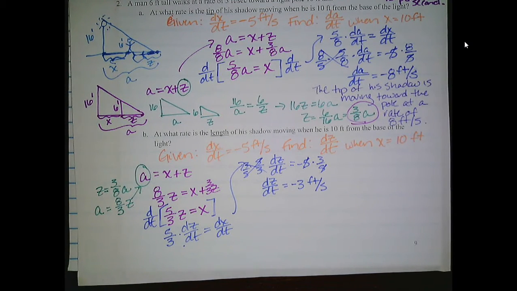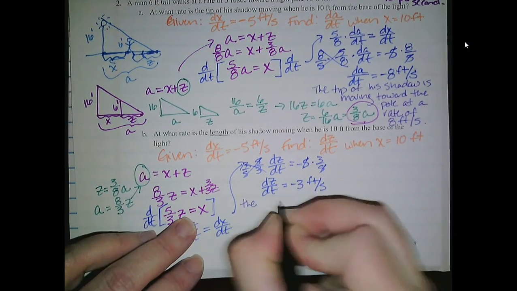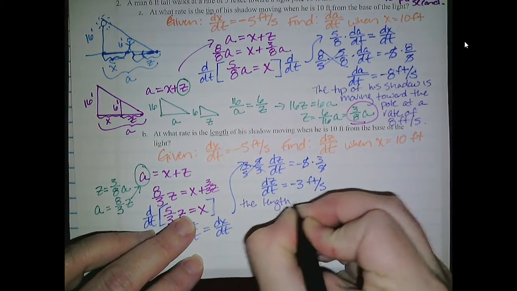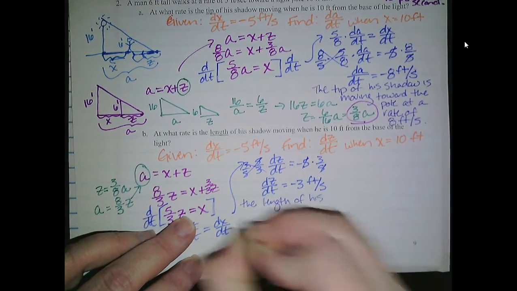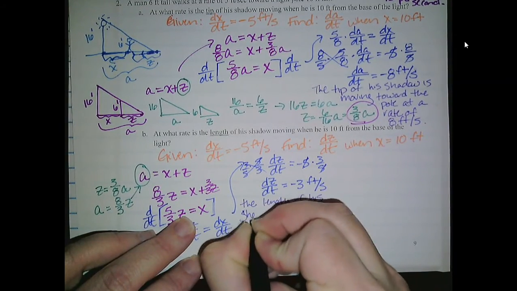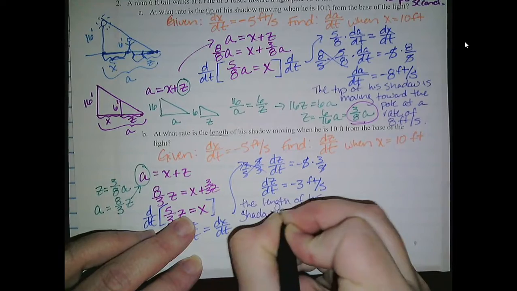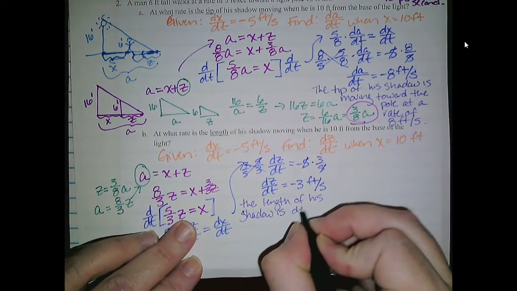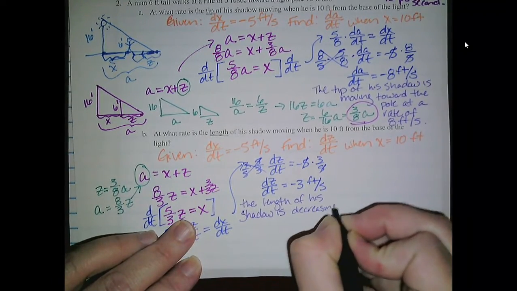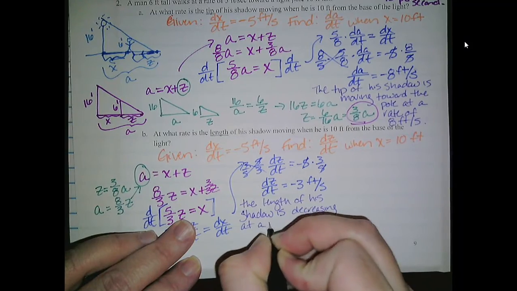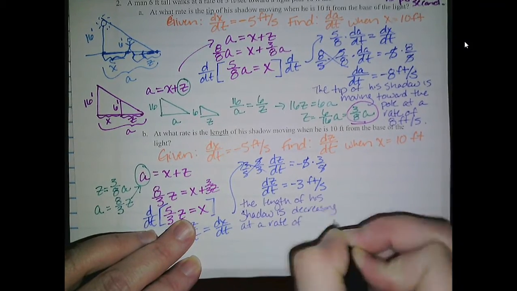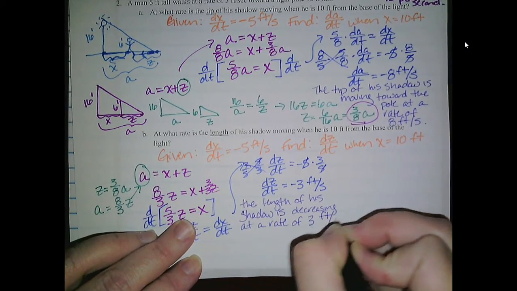So the length of the shadow is decreasing at a rate of 3 feet per second.